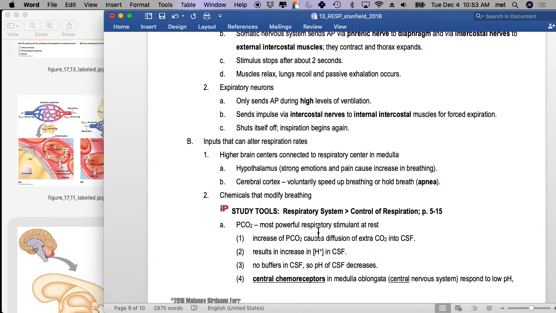And then don't be at all surprised that we are also monitoring the chemical content of the blood. And even more importantly, we are monitoring the chemical content of the cerebrospinal fluid. Okay, so there are chemicals that can modify breathing as well. So let's go through these. Although it is counterintuitive, the most powerful respiratory stimulant is actually not oxygen, and it's not pH.